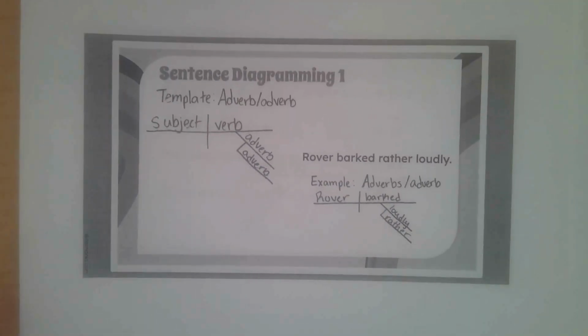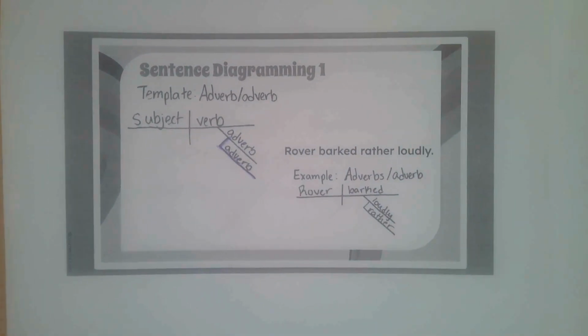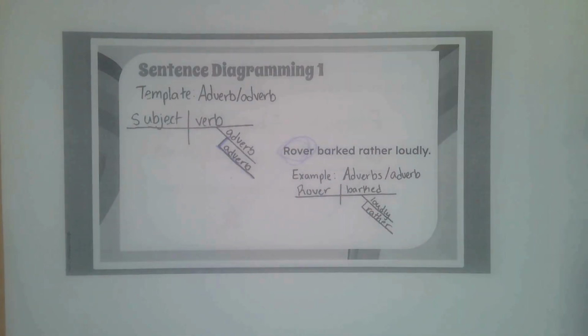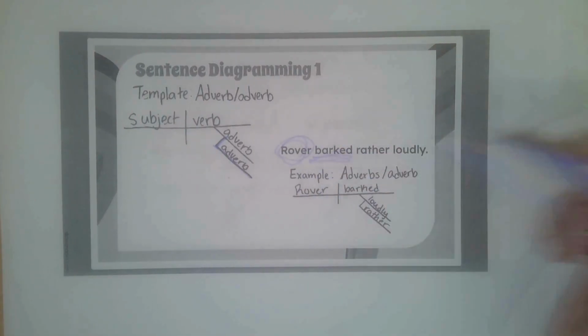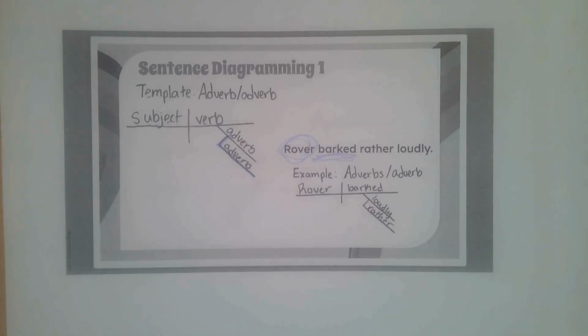Now, we have adverbs describing adverbs. It's the same thing as with when it describes adjectives. It's just going to connect to the adverb instead. So in this example, Rover barked rather loudly. Rover is the one doing something. That's our subject. Barked is what he's doing. That's our verb. He didn't bark rather.